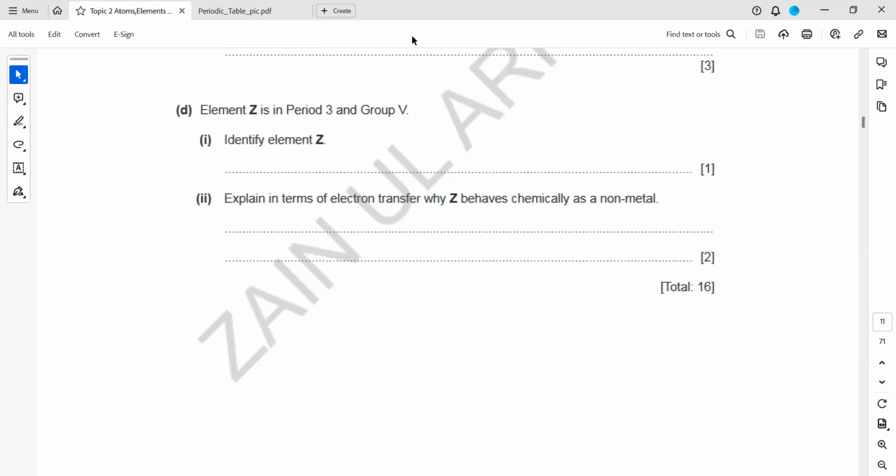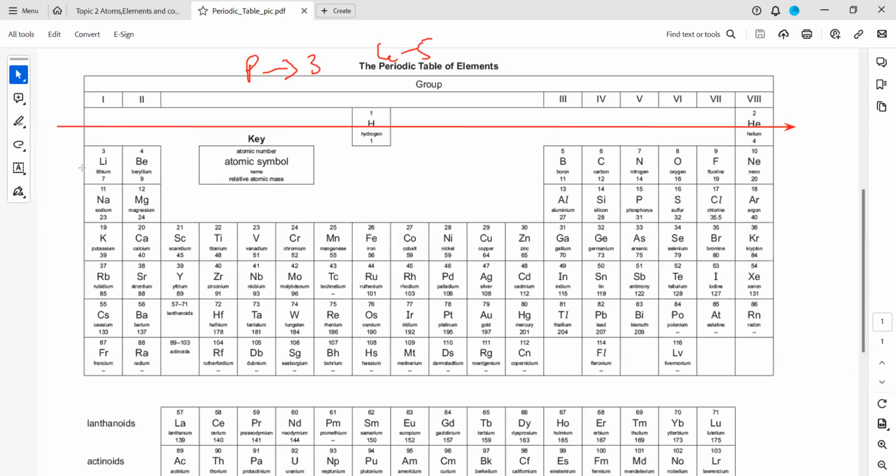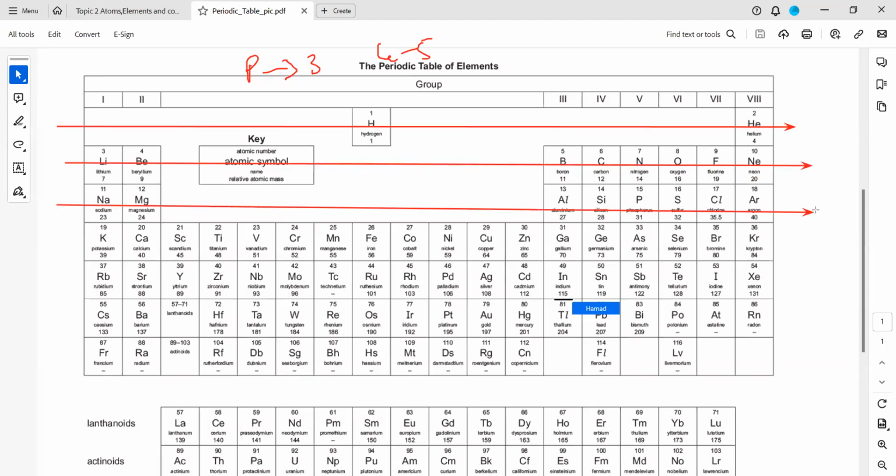Element Z is in period 3 and group 5. So we are looking for an element which belongs to period 3 and group 5. Period 1 has only two elements, hydrogen and helium. Period 2 has lithium, beryllium, boron, and period 3 is this one.